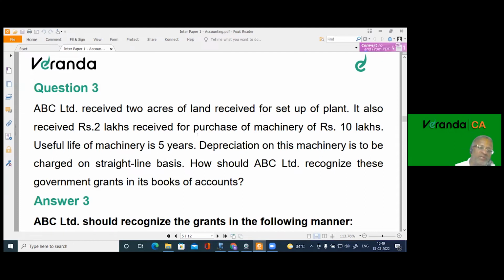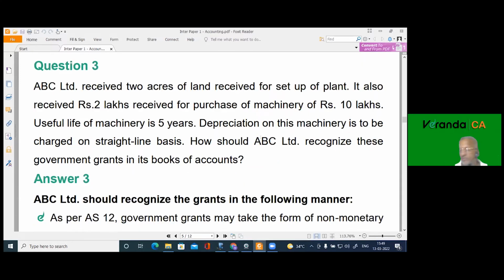How should ABC Limited recognize these government grants in the books? Until this is read, we do not know that whatever information they gave initially were all government grants. Sometimes it happens that way, where the clarity comes only towards the end, and until then confusion is provided.